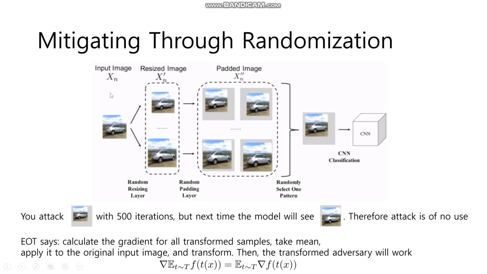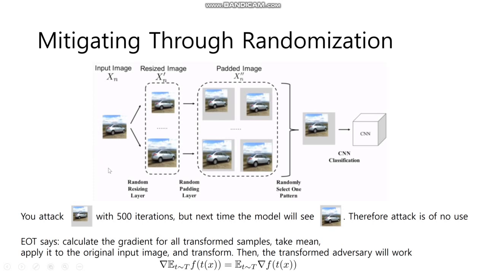Then we are basically changing the input image x. Before we tried to change the transformed image, but now we are changing this. So after some iterations, we'll end up making an adversarial example which looks like this, but actually with some noise.